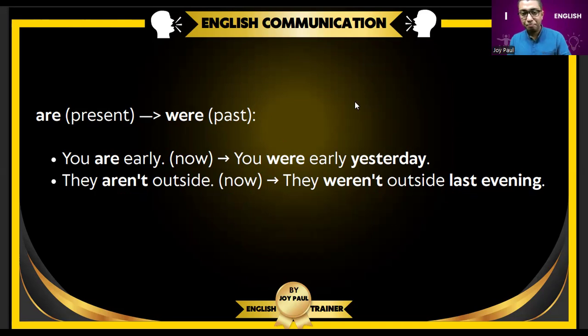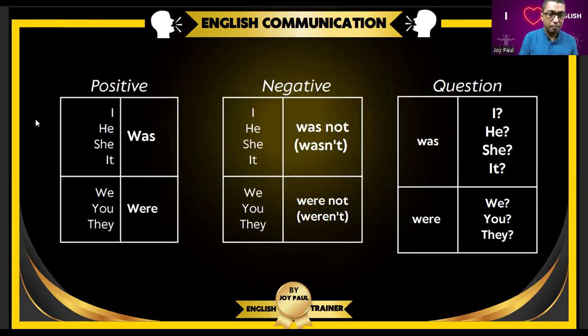Clear? Next. Now let's see how you can express in positive sentence in past, in negative sentence in past, or in question in past. Ready? Let's start. So in positive, I was, he was, she was, it was.